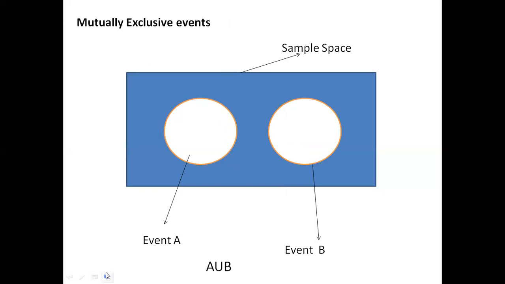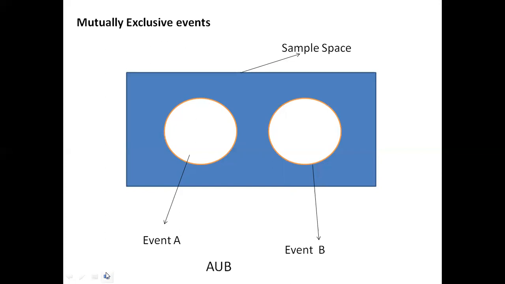Now the mutually exclusive events. What is a mutually exclusive event? Two or more events are said to be mutually exclusive if the events do not have any experimental outcomes in common.